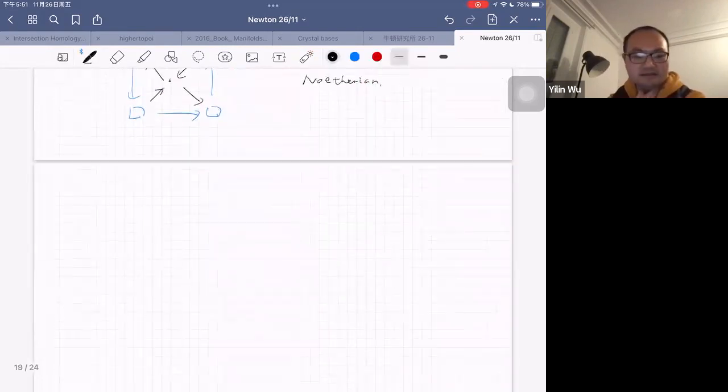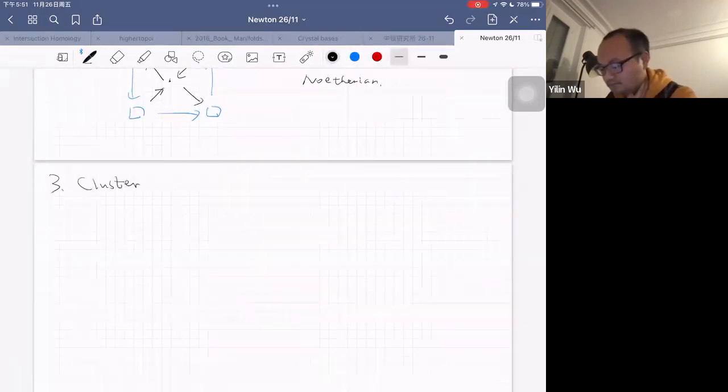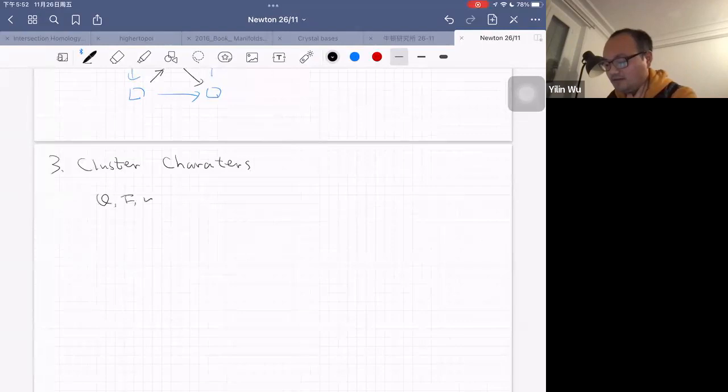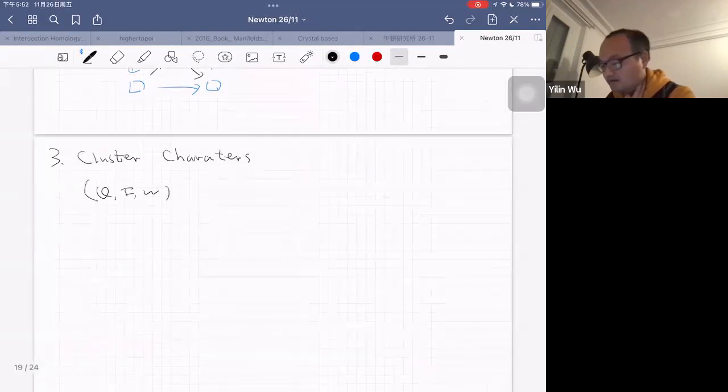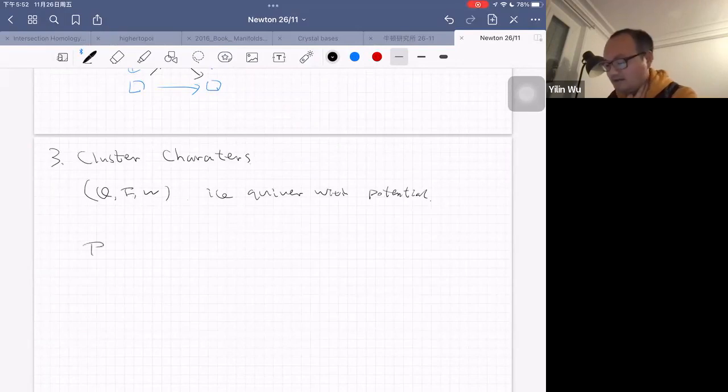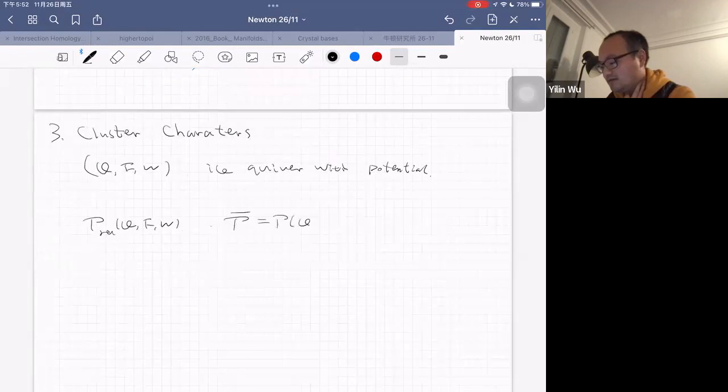So let me go to the last part, the cluster character. Let (Q, F, W) be as before, a quiver with potential. Then we have this relative Ginsburg algebra, and we also have this Ginsburg algebra.